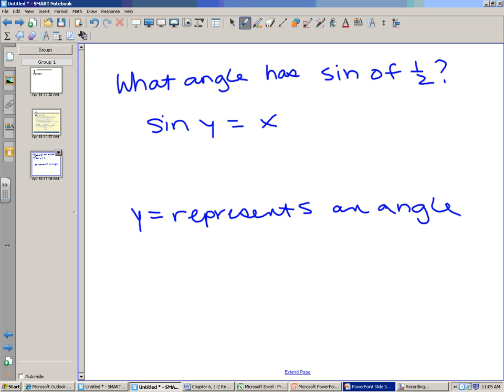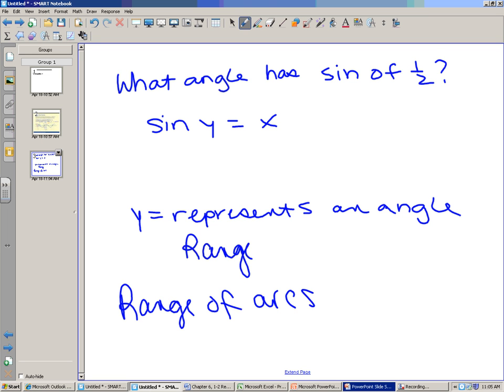Y is our range. So what is the range of the arcsine? Come on, what's the range of arcsine? Arcsine and sine negative 1 are exactly the same. What's my range of arcsine? Negative pi over 2 to pi over 2. Do we see that? That's what my range is.